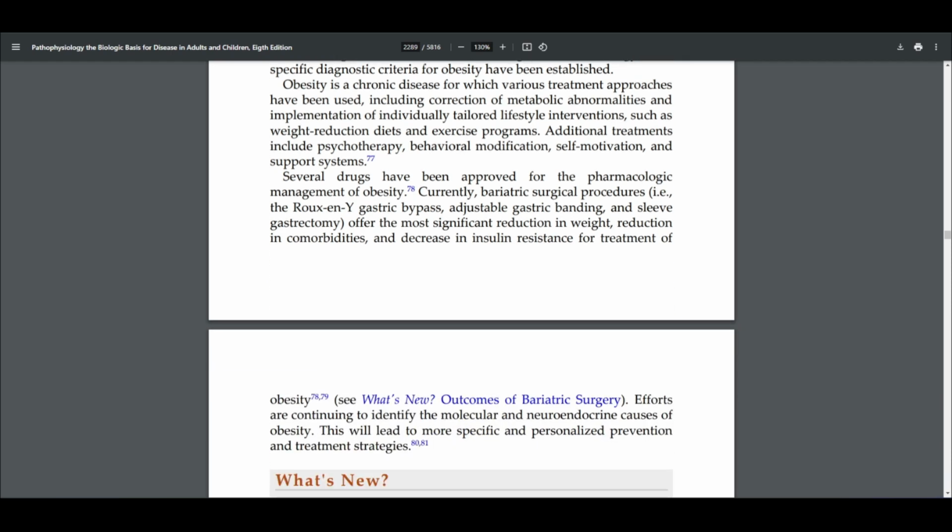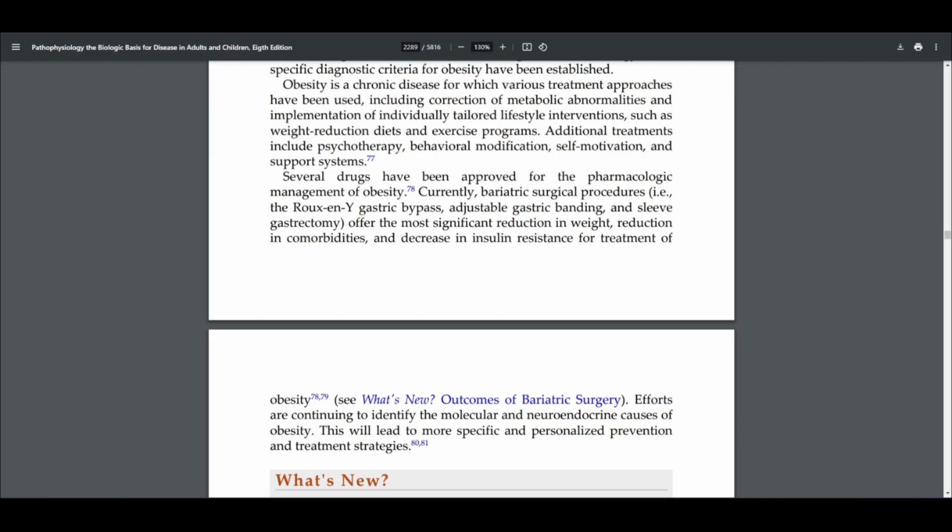Obesity is a chronic disease for which various treatment approaches have been used, including the correction of metabolic abnormalities and implementation of individually tailored lifestyle interventions, such as weight reduction diets and exercise programs. Additionally, treatments include psychotherapy, behavioral modification, self motivation, and support systems.